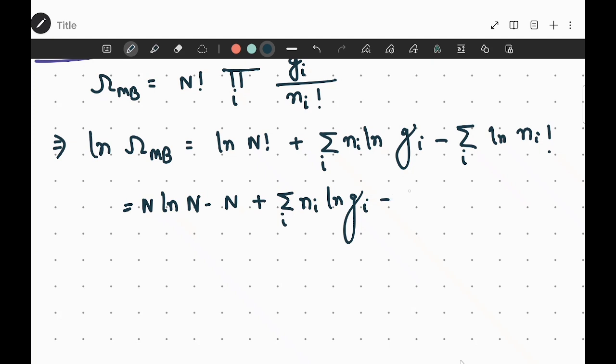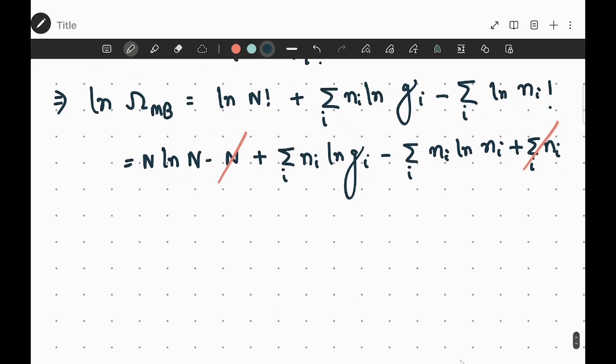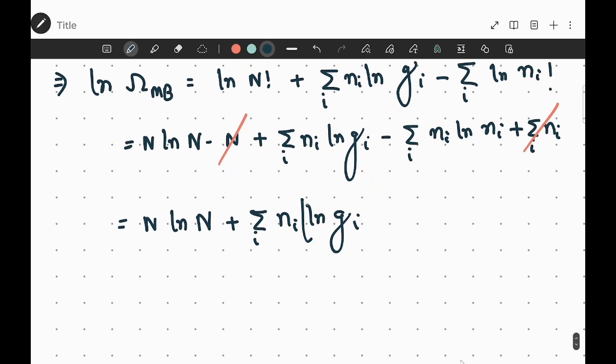If there is any mistake, you can tell me, because it is ni ln ni. Ni ln gi minus ni ln ni. So we can take ni common and gi by ni. You can also do that. Up to this is clear.